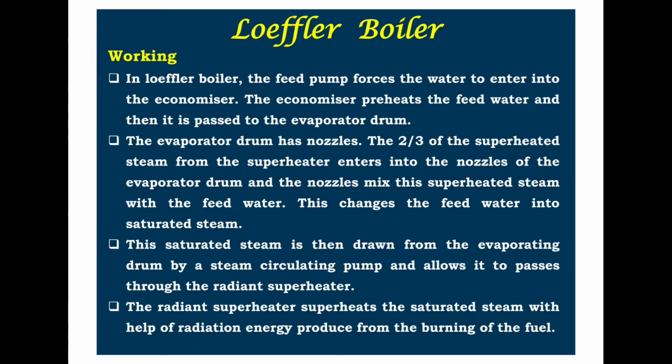This saturated steam is then drawn from the evaporating drum by the steam circulating pump, and it passes through the radiant superheater. The radiant superheater superheats the saturated steam with the help of radiation energy produced from the burning of the fuel.